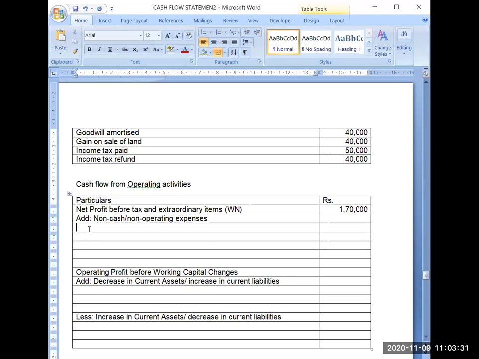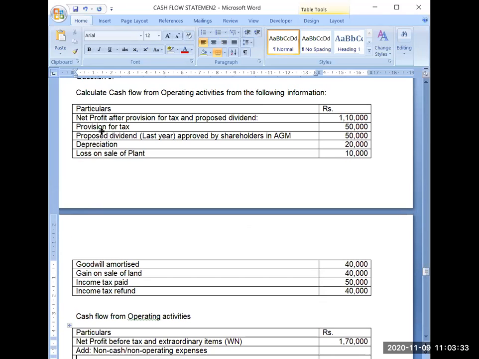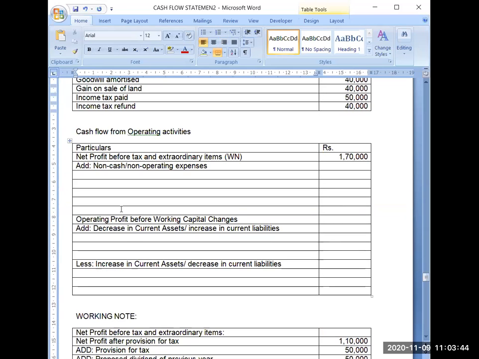Now we will revise and check it. So provision for tax has been considered. Now depreciation is given. Depreciation and goodwill amortized, these are two non-cash expenses, 20,000 and 40,000. That we can add here.